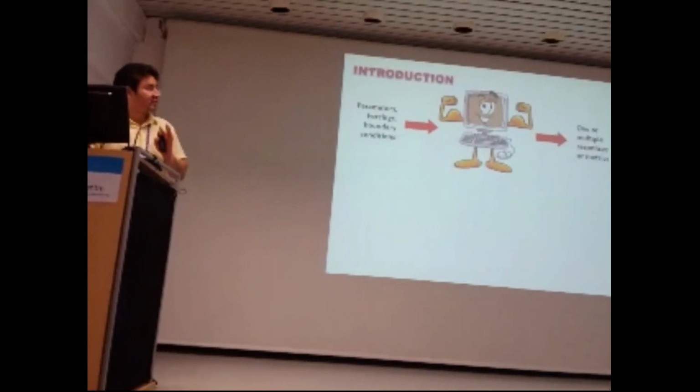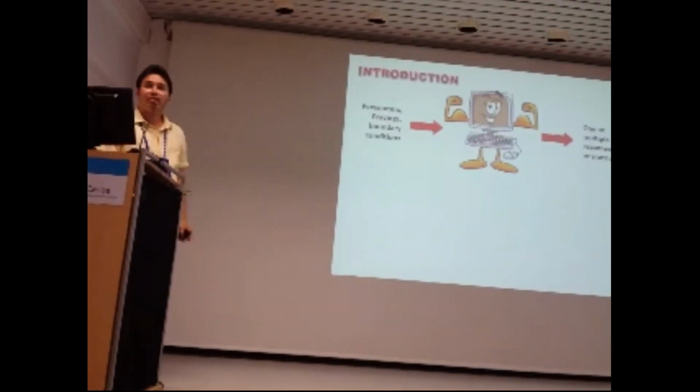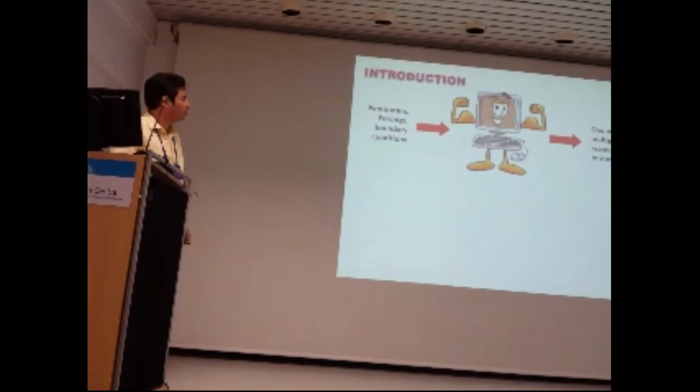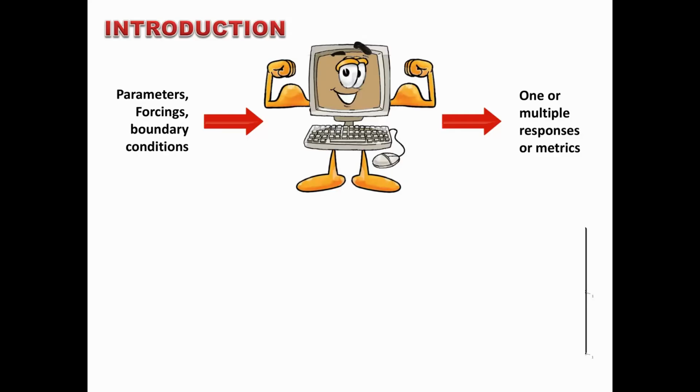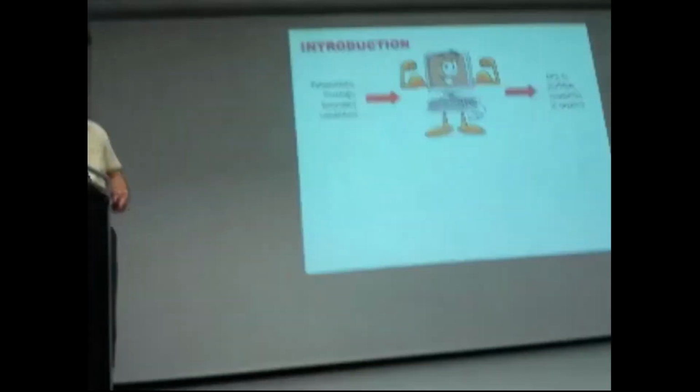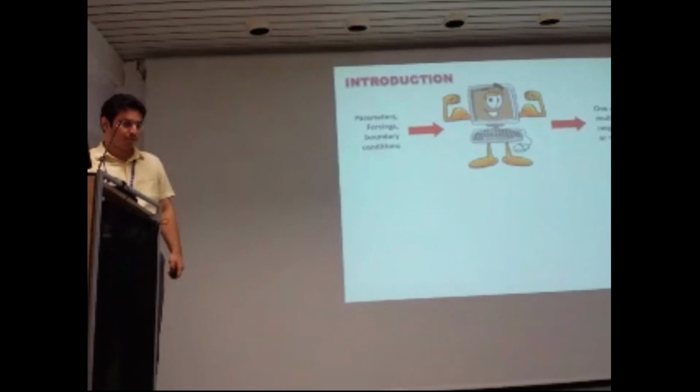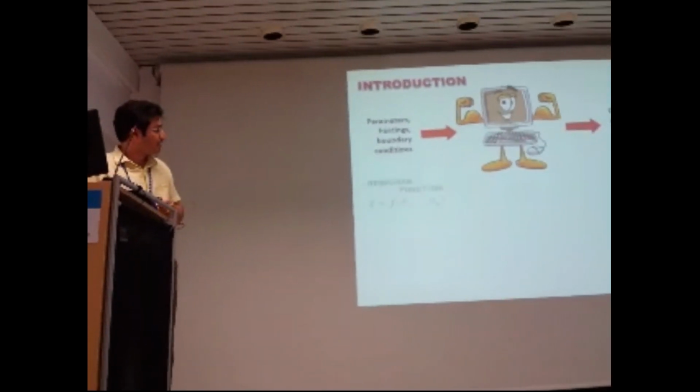And my apologies in advance if some of the materials I'm presenting are too basic. So many of us deal with models, different types of models, and these models receive some inputs like parameters, forcing, boundary conditions, and so on, and then respond to those with different variables or model performance metrics.